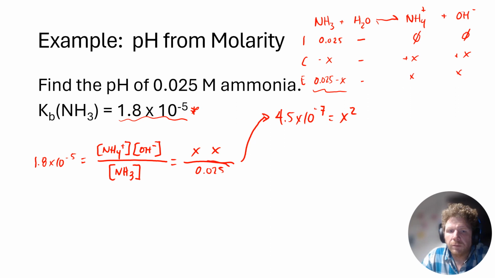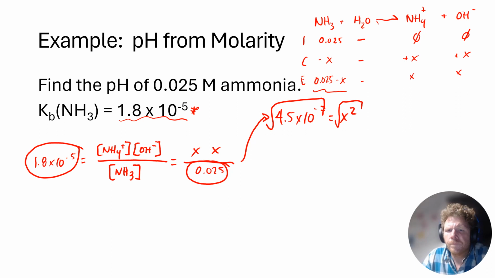I'll take the square root of each side, and X is equal to 6.71 times 10 to the negative fourth.